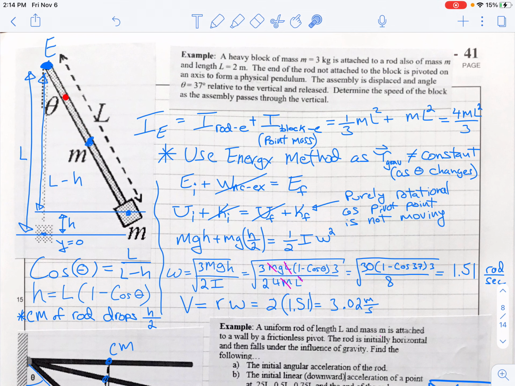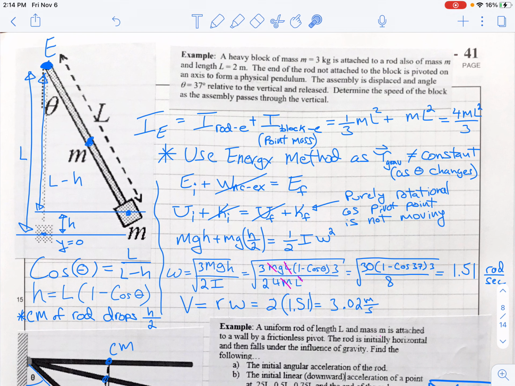So the angle between the rod and vertical changes. That means torque is not constant, and we couldn't use kinematics. Basically, solving the sigma tau equals I alpha equation becomes very difficult.